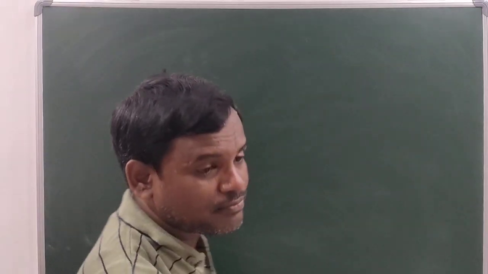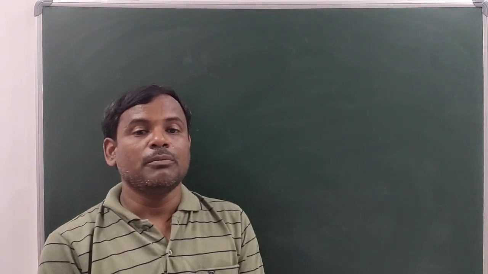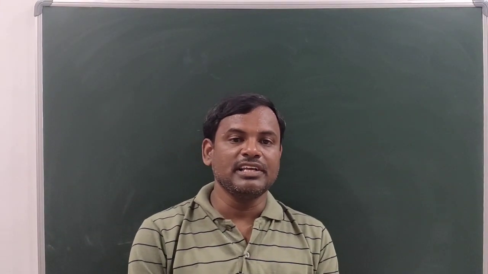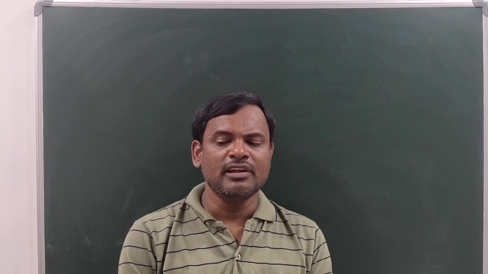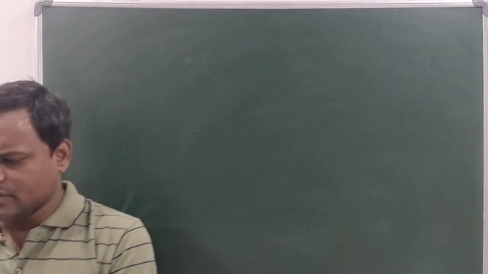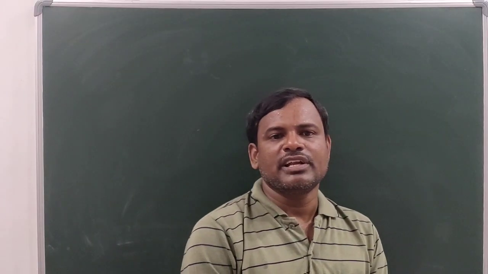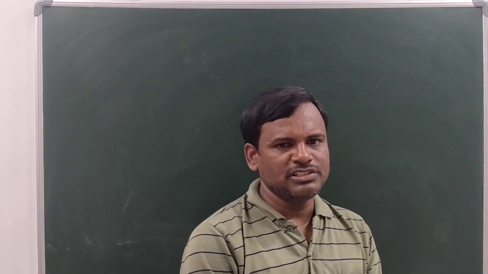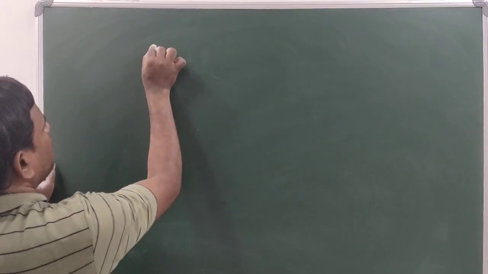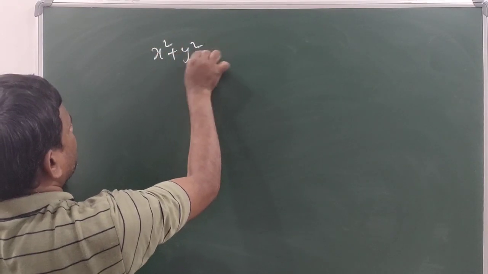Next, let us go to the parametric form of a point on the circle x square plus y square equal to r square, and also x square plus y square plus 2gx plus 2fy plus c equal to 0. So we have the circle equation in two forms in this chapter. First is x square plus y square equal to r square.